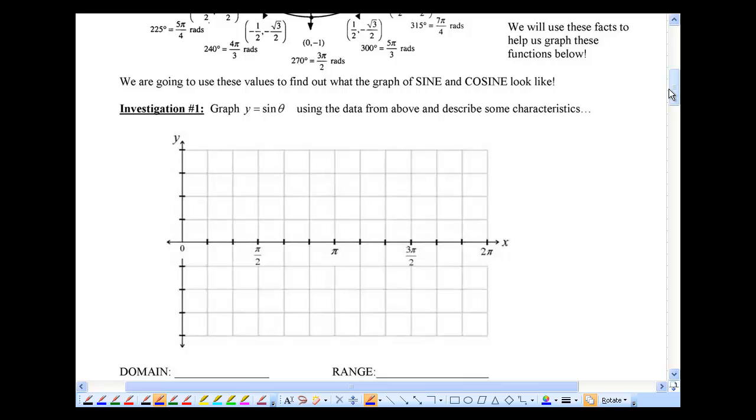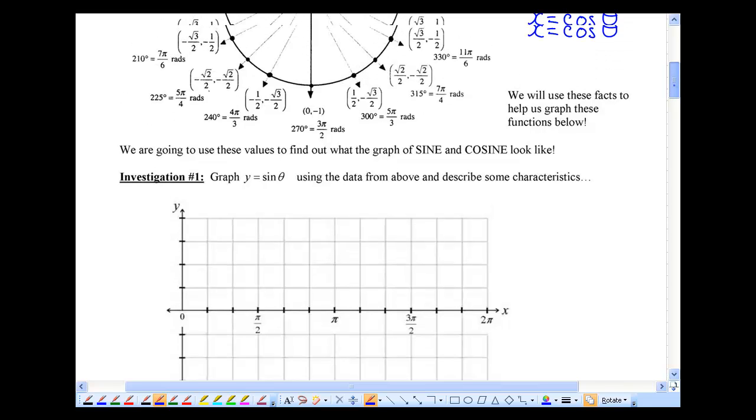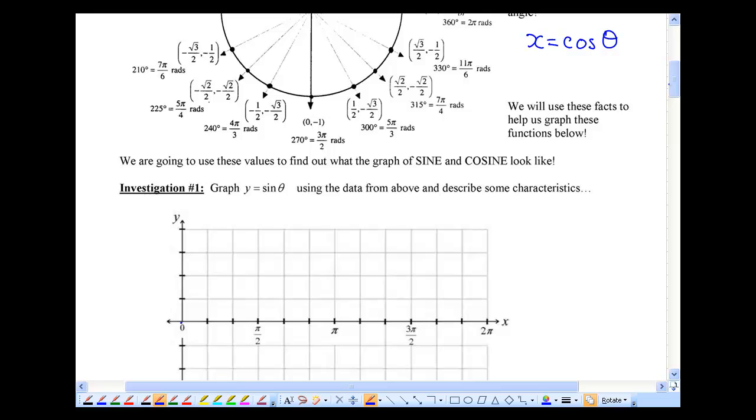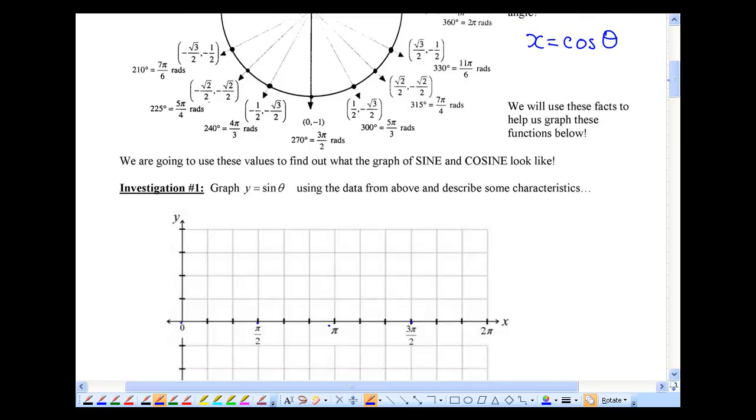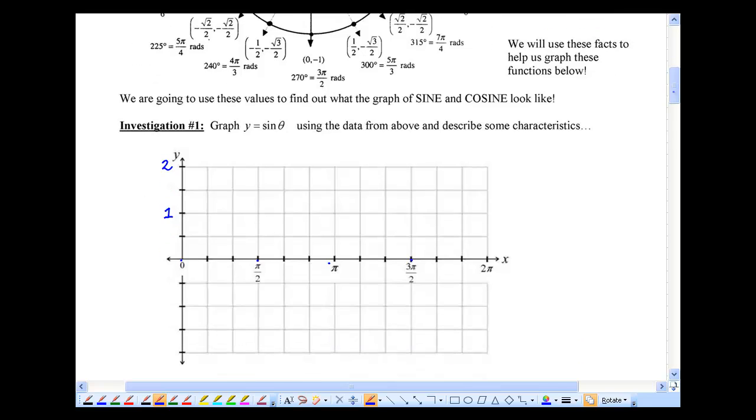So the data from above is that unit circle. Notice we've got 0, then pi over 2, then pi, then 3 pi over 2, and 2 pi. And for our vertical axis, I'm going to use 2 units to represent a length of 1. So 1, 2, and of course this will be -1, -2. Okay?